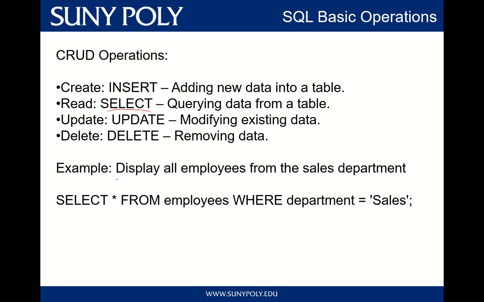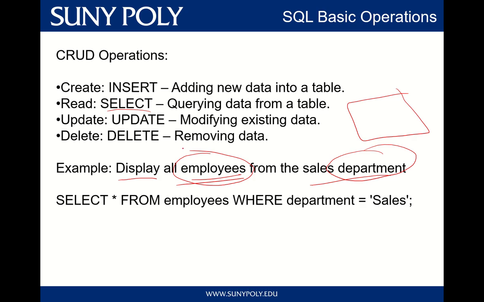So let's go over some examples. In the first example, we want to display all employees from the sales department. So imagine that we have a single table right now, and there is one field whose name is employees, and there is another one that is department, right? And we want to see all the employees that belong to a specific department, to sales. So we start with our first operation, the select, right?